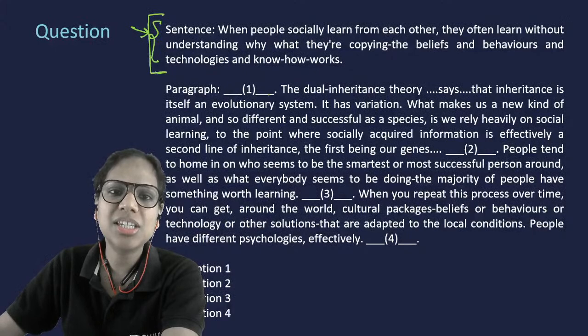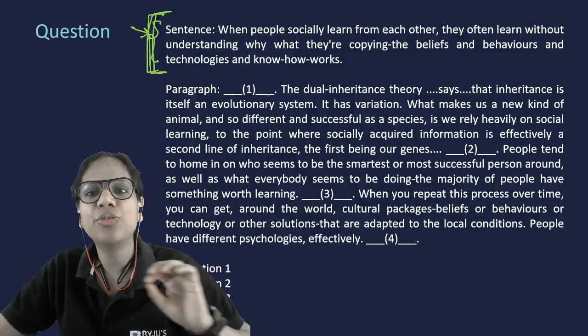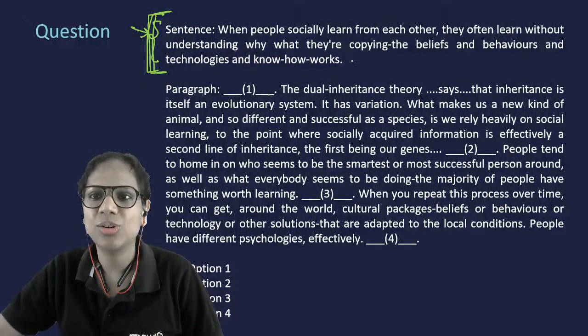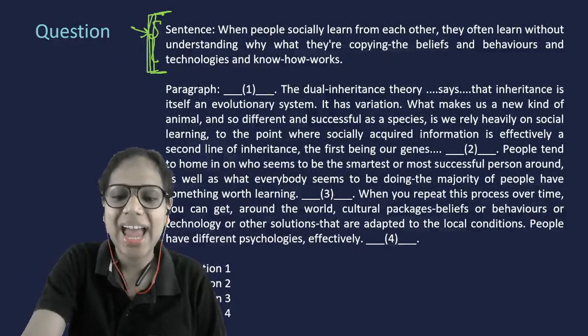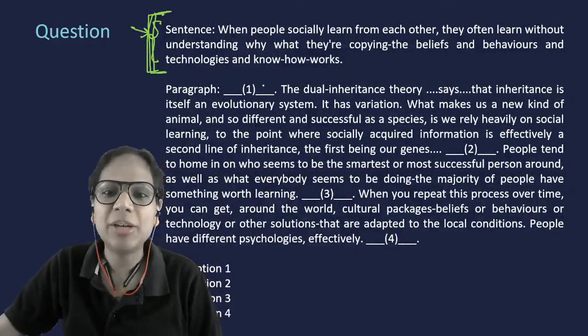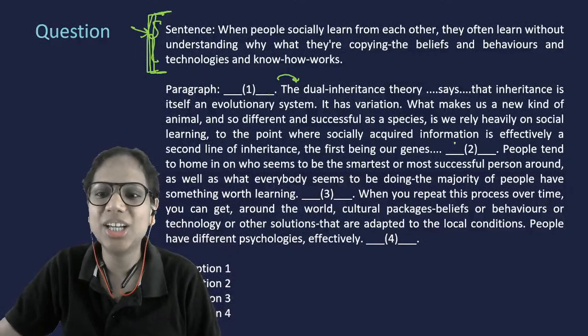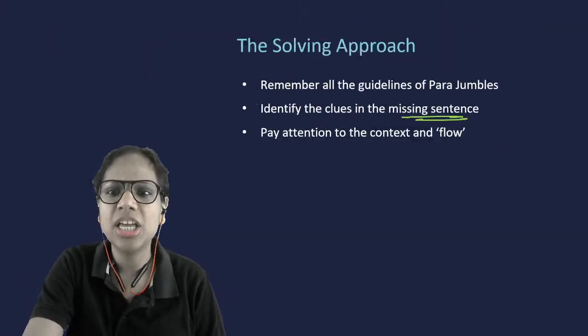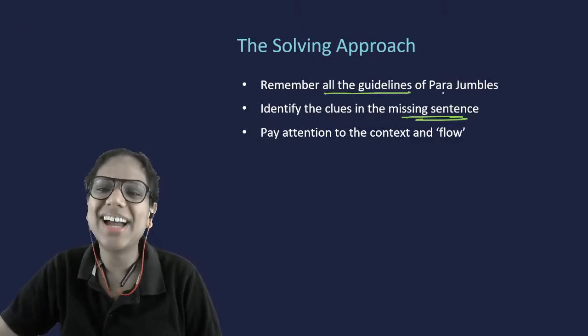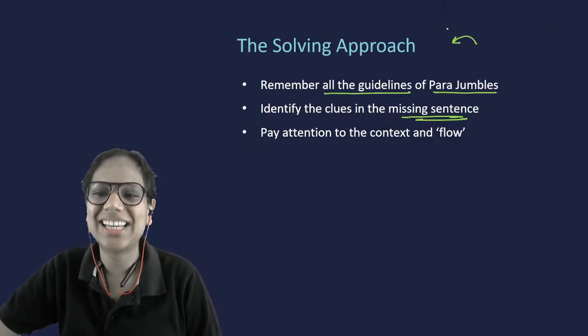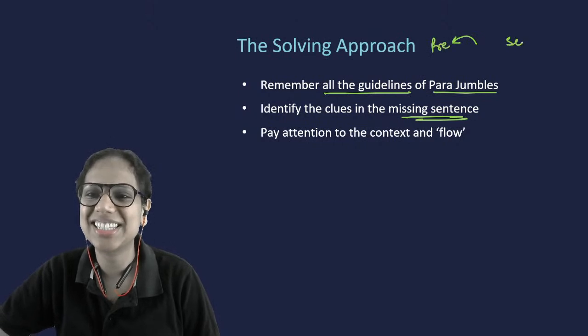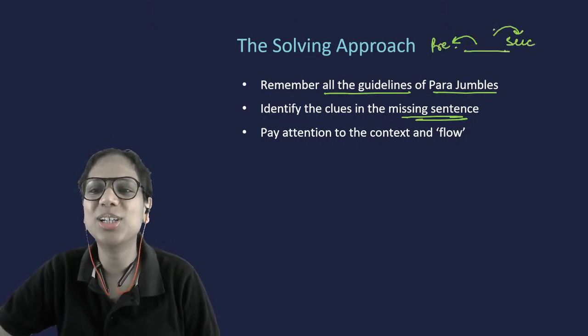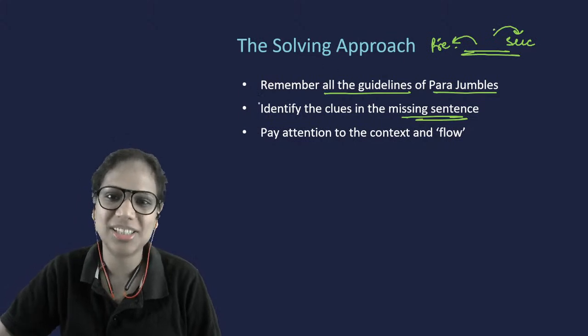So first things first, read this sentence very, very carefully. Why? Because you should identify some clues right here. And when you do that, you will be able to relate it with the succeeding or the preceding sentences very well. So first remember all the guidelines of parajumbles, because when you make connections with all the preceding and succeeding sentences, ultimately you're applying the clue approach of parajumbles.